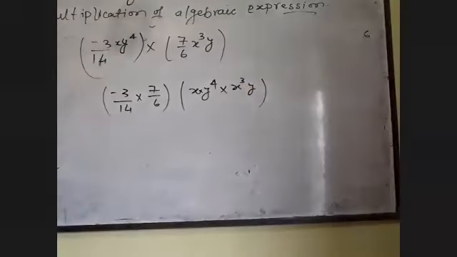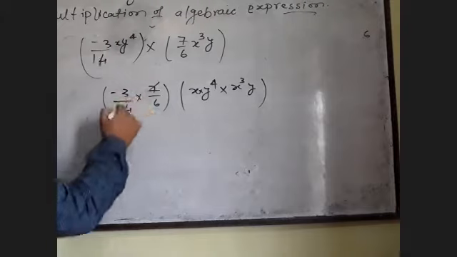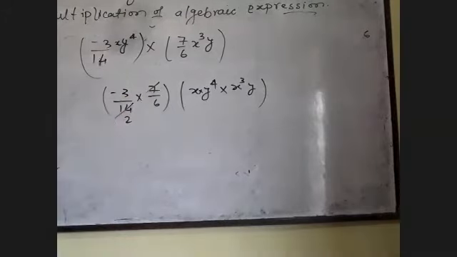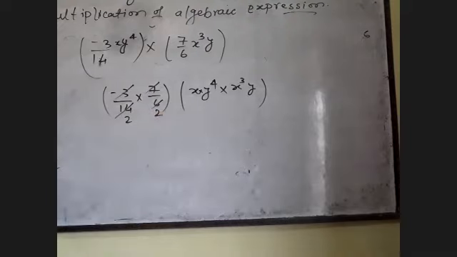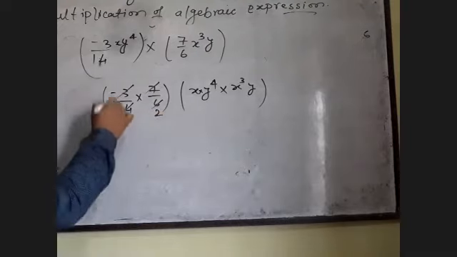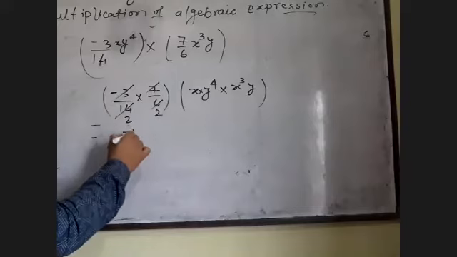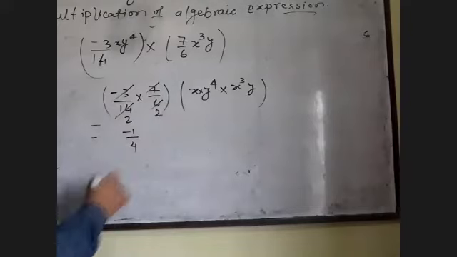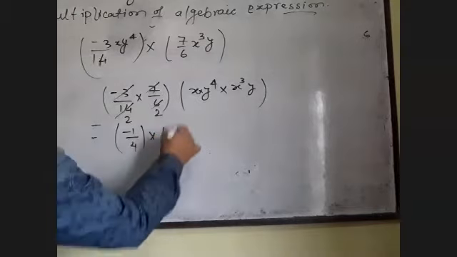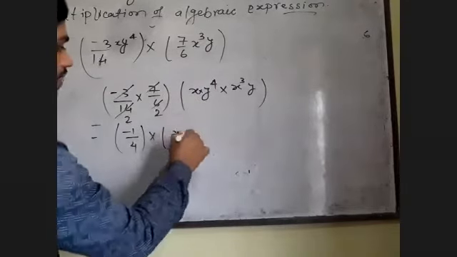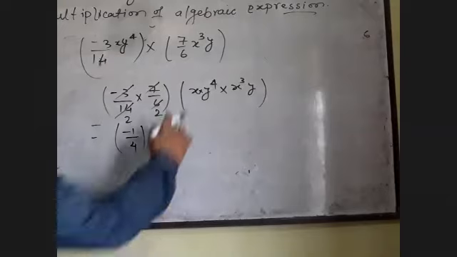Now 7 by 14 is 1 by 2, and 3 by 6 is 1 by 2. So we have minus 1 by 4, x into y to the power 4 and x cube y.